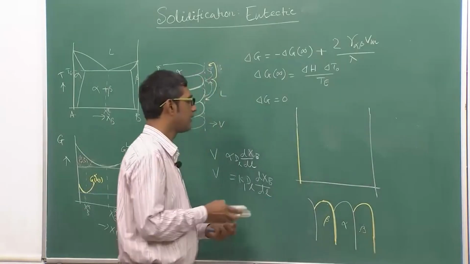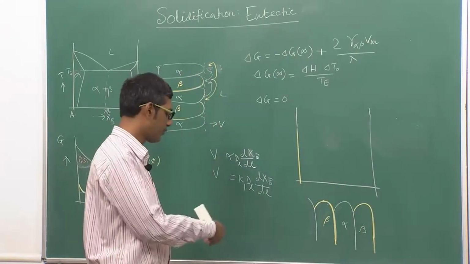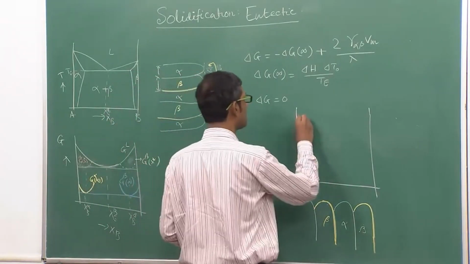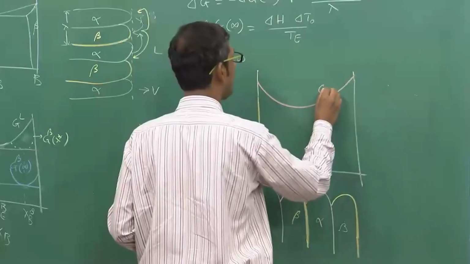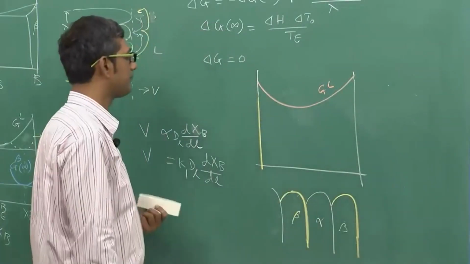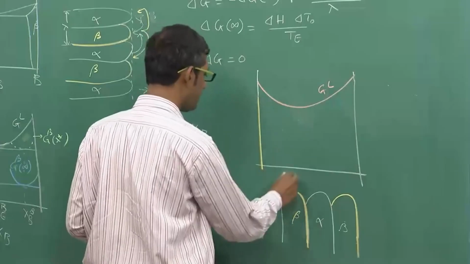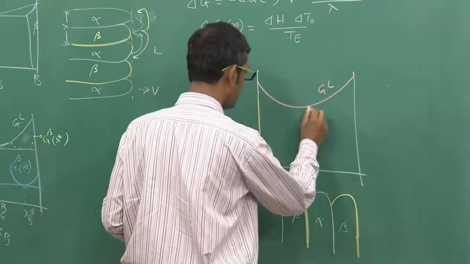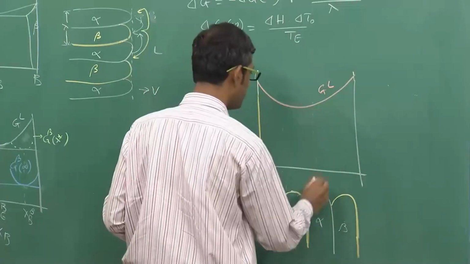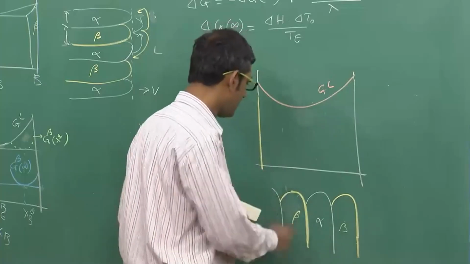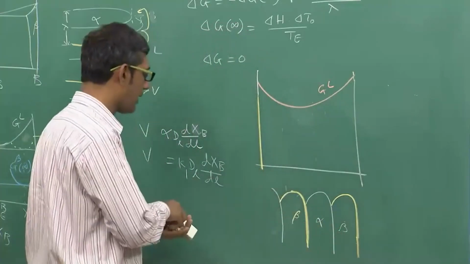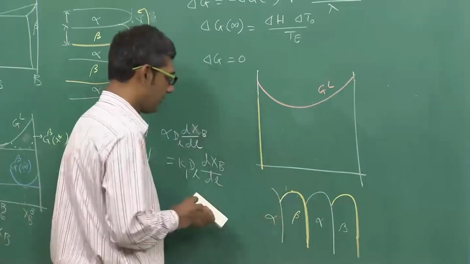okay. So let us suppose this is my GL, okay. Now as you clearly see, this is the different lamellae alpha, beta, alpha, okay.